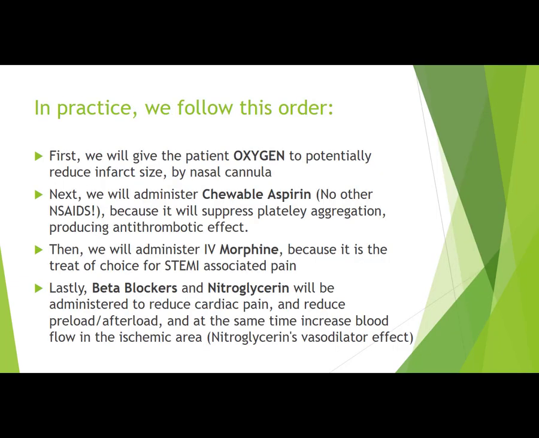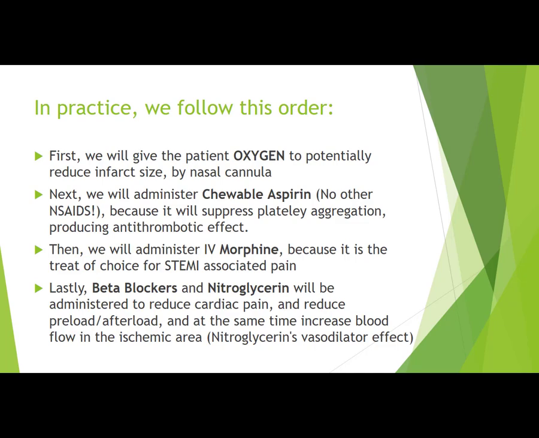In practice, though, we don't follow MONA's order, M-O-N-A, but rather we follow the order here on the slide. First, we will give a patient oxygen by nasal cannula to potentially reduce the infarct size. So we wouldn't give, I don't know, oral oxygen. It'd definitely be through a nasal cannula. Next, we will administer chewable aspirin, and no other NSAIDs should be used. Only aspirin, because it suppresses platelet aggregation, producing antithrombotic effects, which is needed.